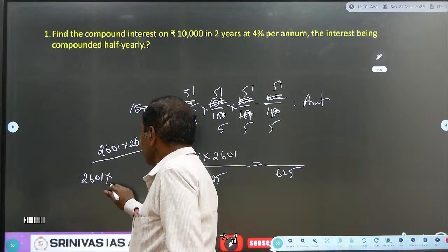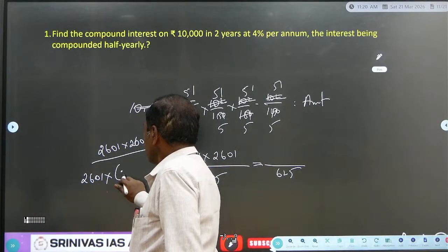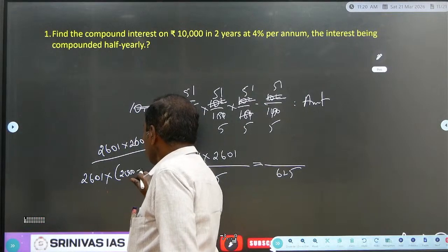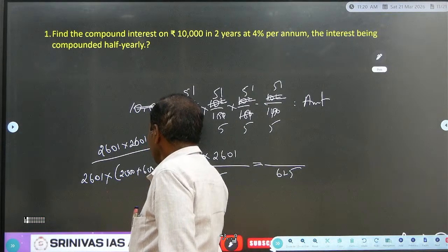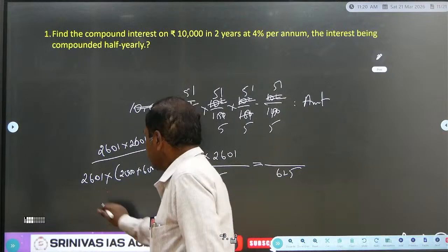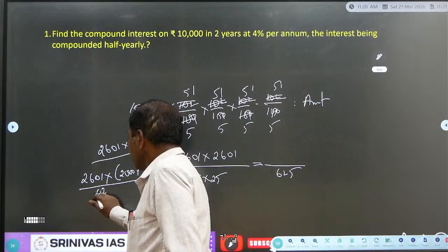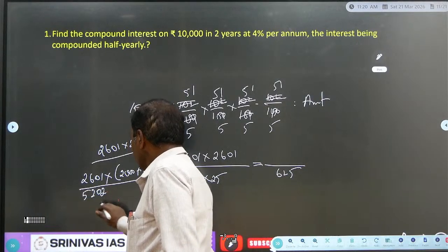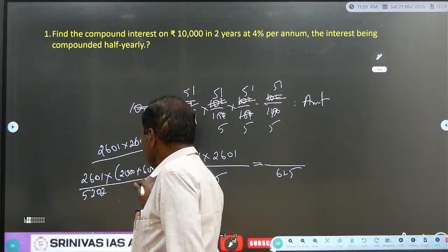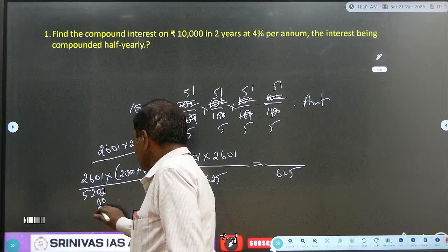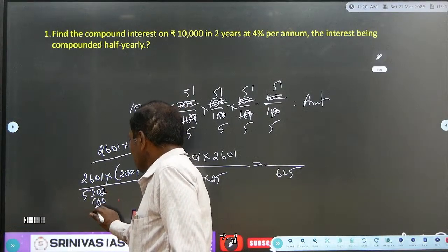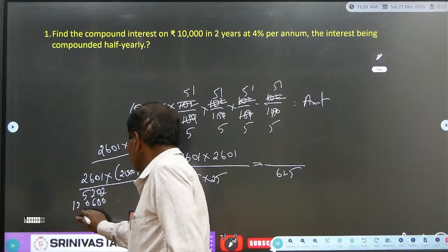2,601 into 2,601. We can take it like this: 2,000 plus 600 plus 1. 2,000, 2 ones are 2, 0, 2 twos are 4. Again you can take 600, zeros, okay? 6 ones are 6, 6 twos are 12.